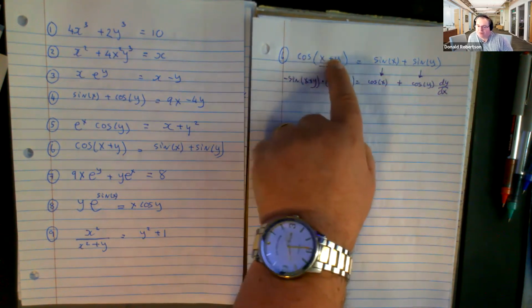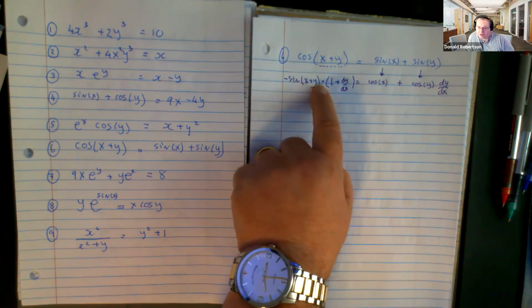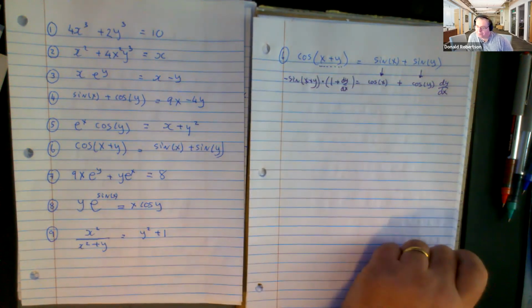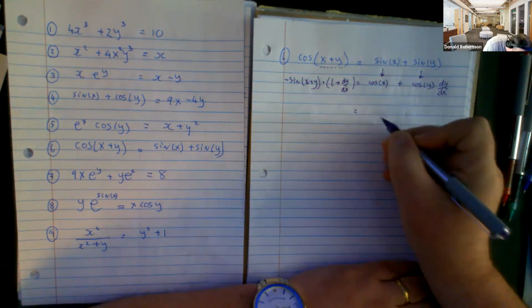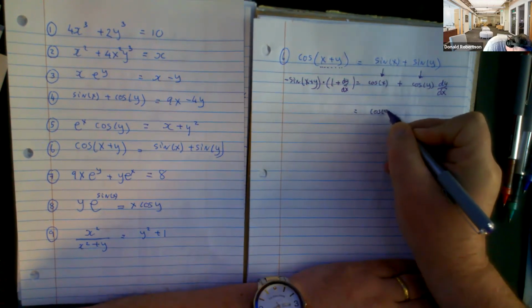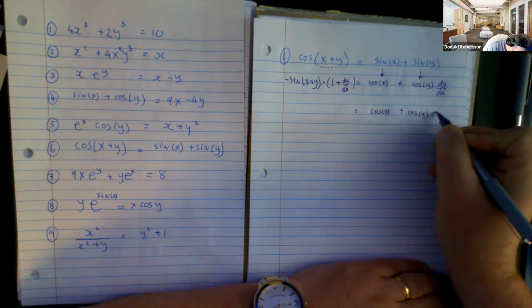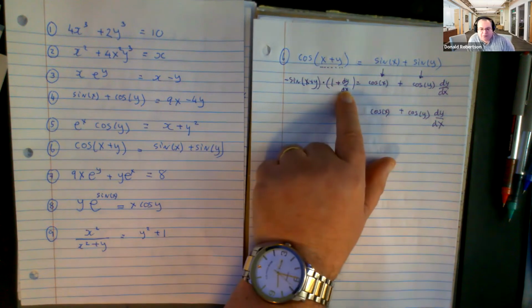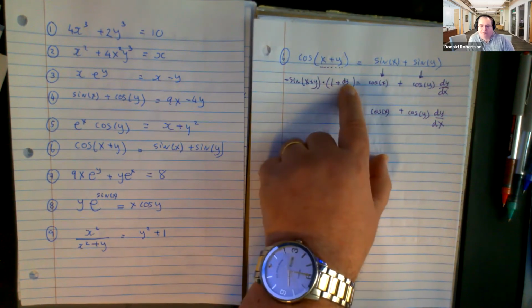So the derivative of this is actually negative the sine of x plus y times the derivative of x plus y. That's the first time that's happened. And nothing too much is happening on the right. But I have a negative sine of 1 plus something.